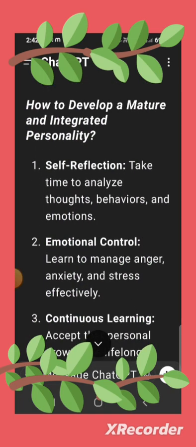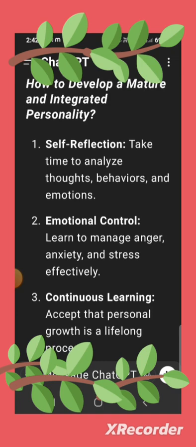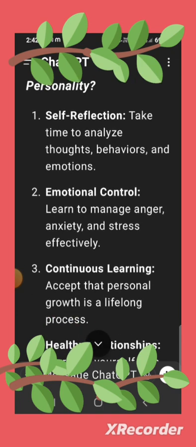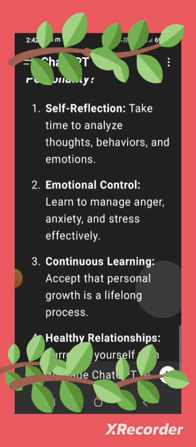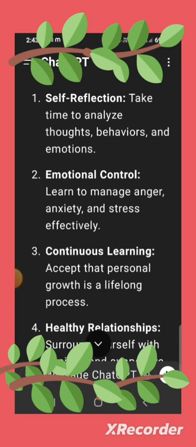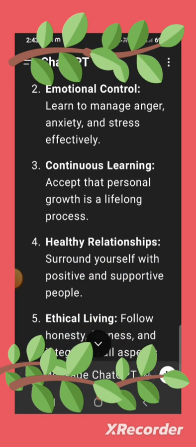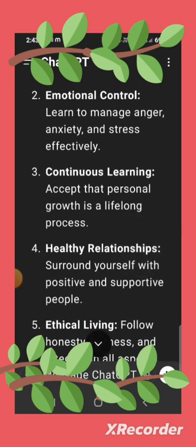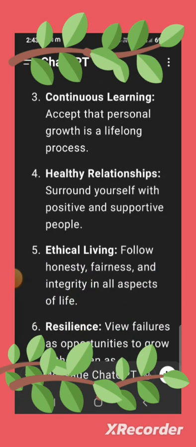So, how to develop a mature and integrated personality? Self-reflection: take time to analyze thoughts, beliefs, and emotions. Emotional control: learn to manage anger, anxiety, and stress effectively. Continuous learning: accept that personality growth is a lifelong process.